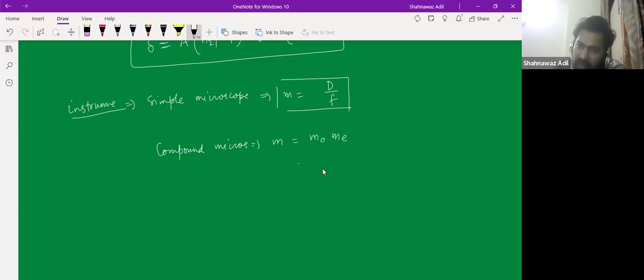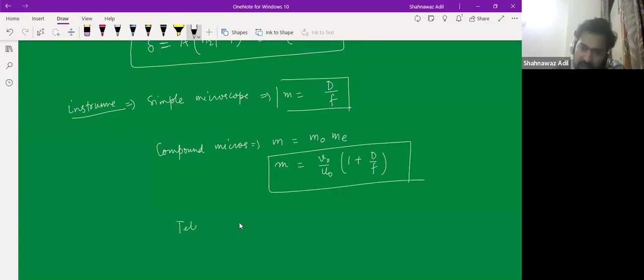So this was V naught by U naught, and this was 1 plus D by F. This was the magnification for the compound microscope, and then we had the telescope.